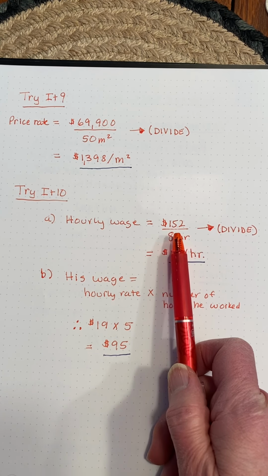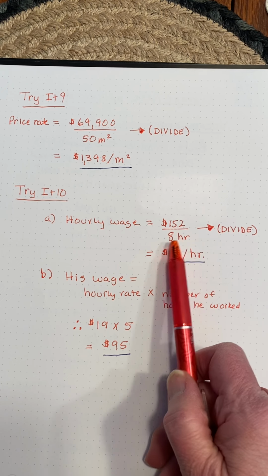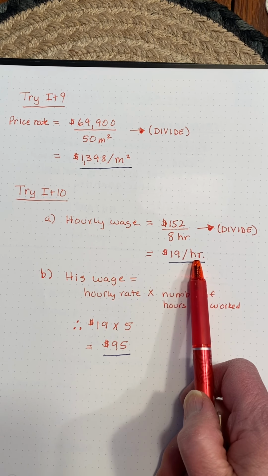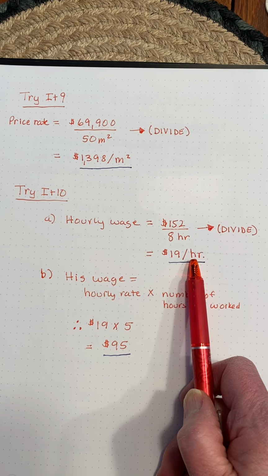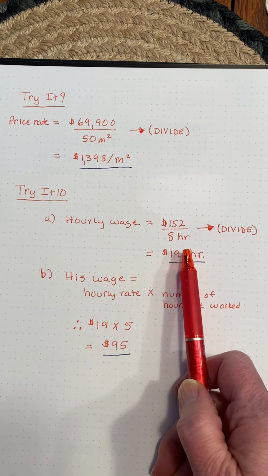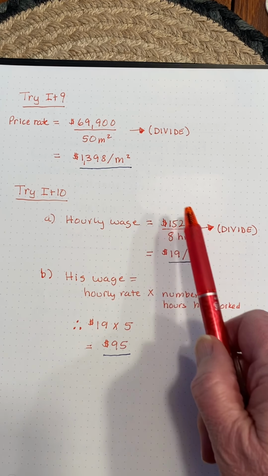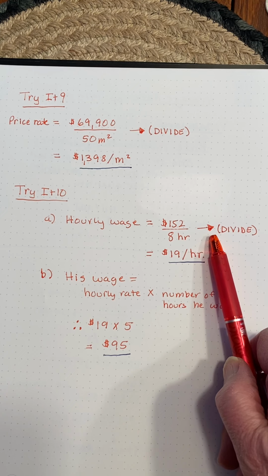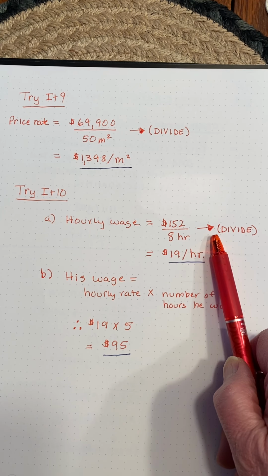Again, like we've been doing, $152 divided by 8 hours gives us $19 per hour. Now, just a heads up, sometimes they're not going to take you step by step. Sometimes this is a step you will have to do in order to actually complete the task that they give you. I'll talk about that in a moment.